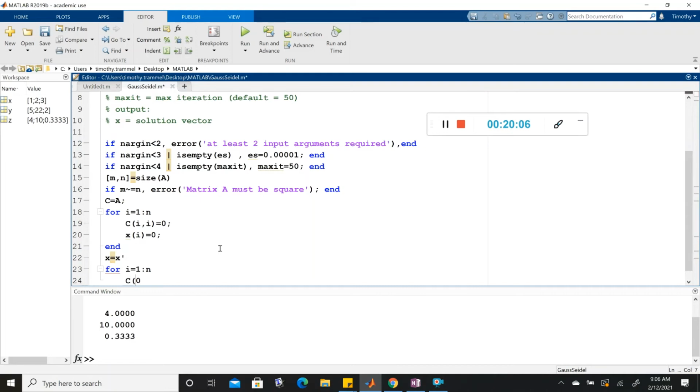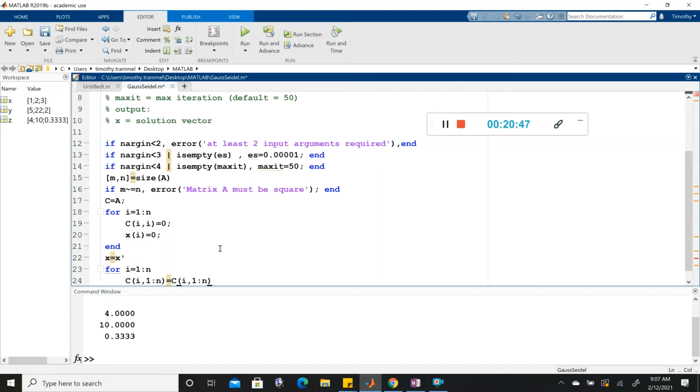So we are going to say C of I, comma, 1 to n is equal to C. So what we've done here is we've taken, say, row I, and also keep in mind when I say C of I, comma 1 to n, that C right now is filled with the elements of A other than along the diagonals, because we made the diagonals 0.